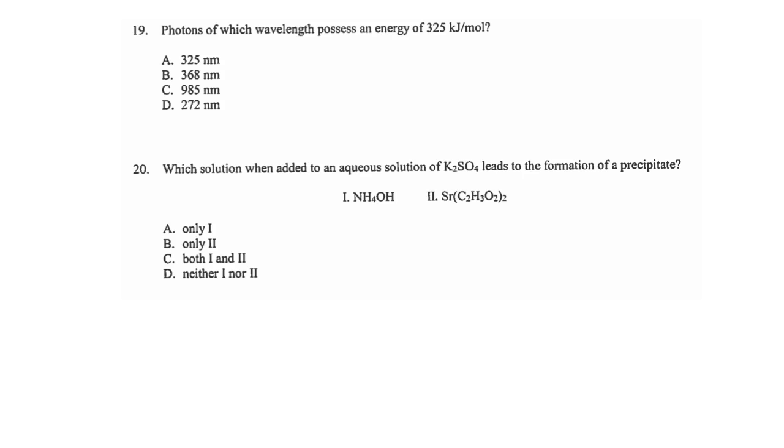Photons of which wavelength possess an energy of 325 kJ per mole? Okay, so what we might do is work out the energy of one photon. So we can relate that to hc over lambda. So we need to know the energy of just one photon.